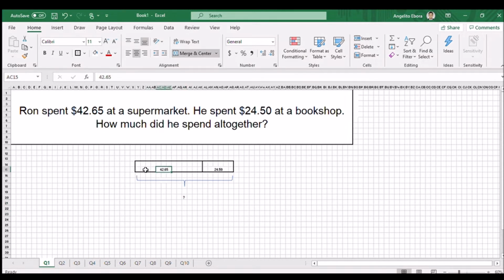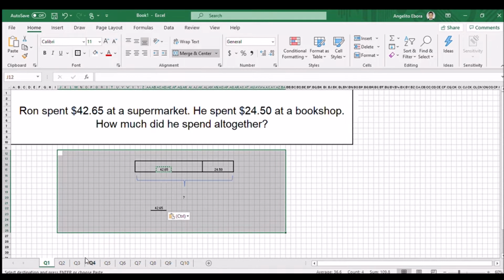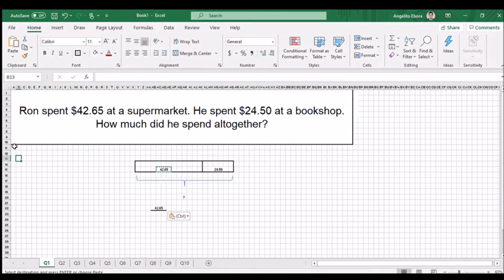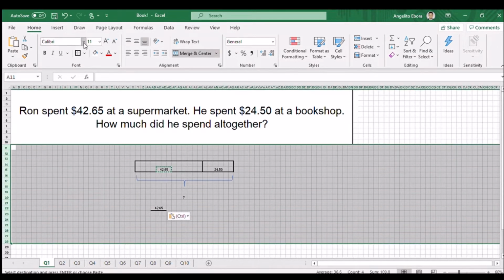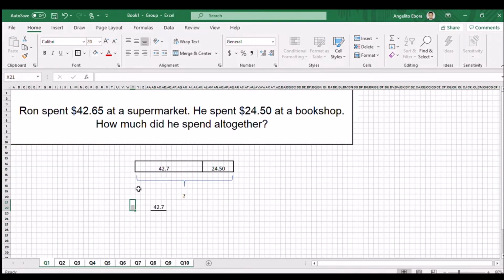So we need to add this $42.65. I think I have to make the numbers a bit bigger. Okay, so this one was rounded off.